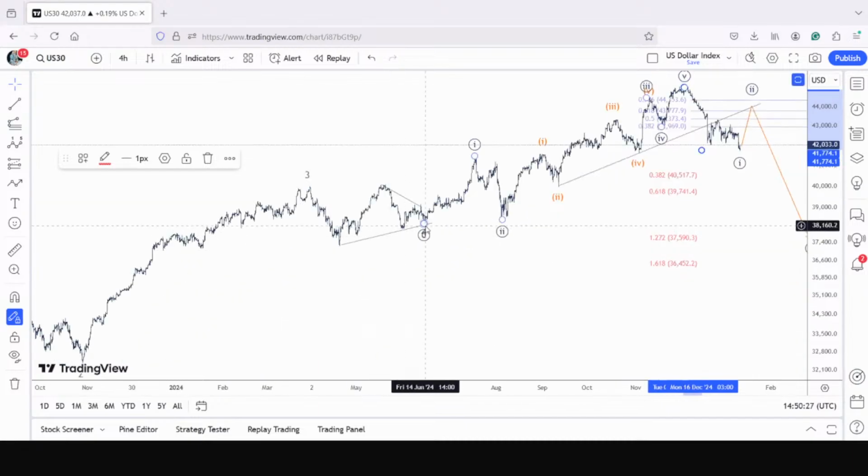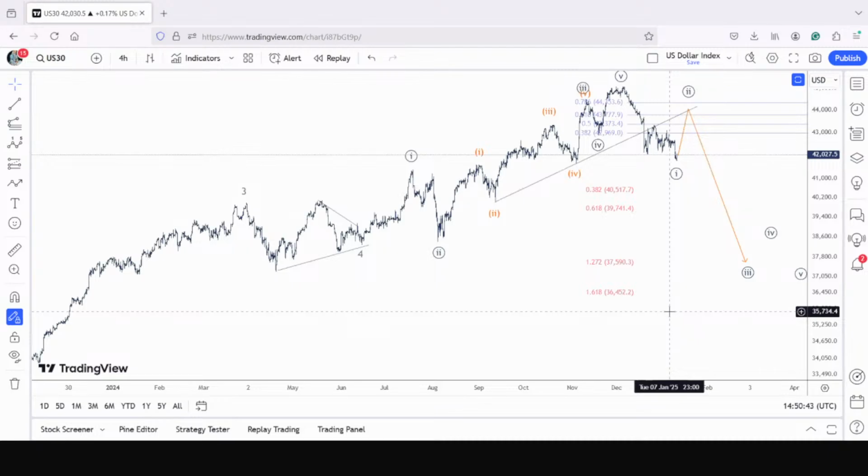Now that was primary wave 4. This is the Fibonacci extension. Had we done a Fibonacci extension feeding back to wave 2 and then 4 and 5 projection, ideally, according to the theory, this is where the next target should be after wave 2 is complete.